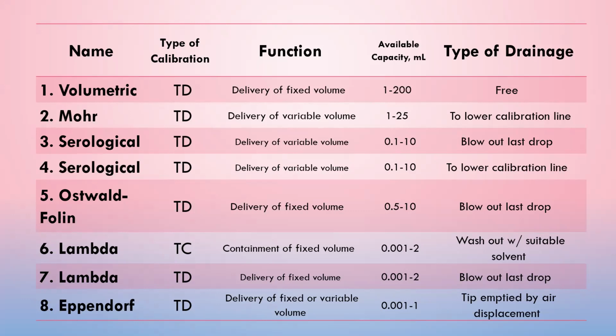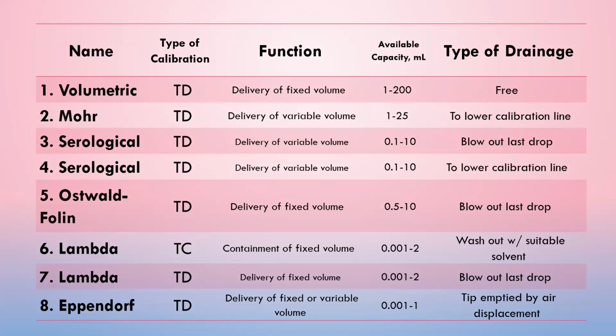Now, for the function, depende kasi sa calibration niya. Sa volumetric pipette kasi, fixed volume kasi kagaya sila ng ating volumetric flask na isa lang ang graduation. Kaya this one is used to deliver fixed volume.